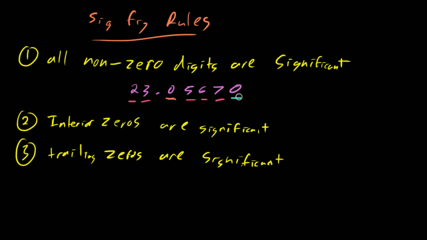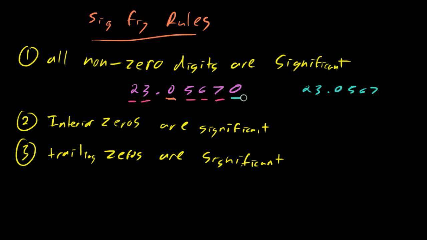If we didn't know that this number was supposed to be a 0, what would we have written this number as if this last 0 wasn't significant? Well, we just would have written these first 6 digits, right? If this trailing 0 wasn't significant, we would have just written this number as 23.0567, and we wouldn't have put that 0 on.